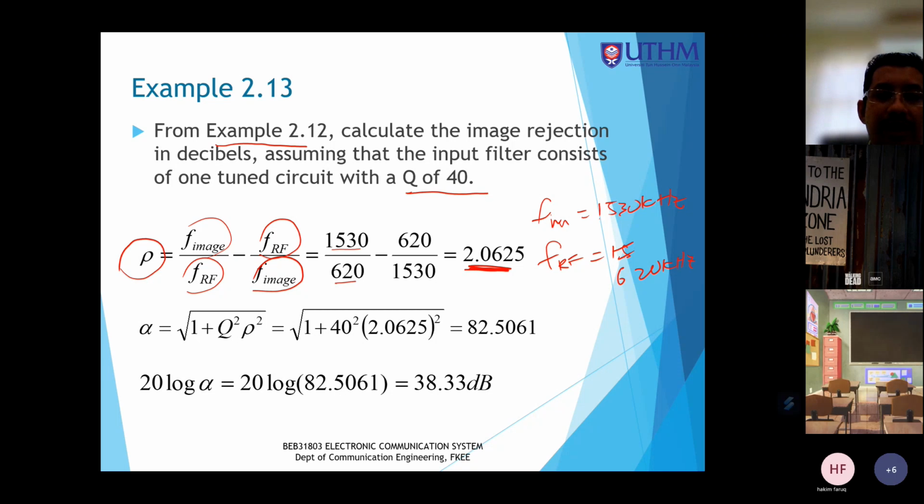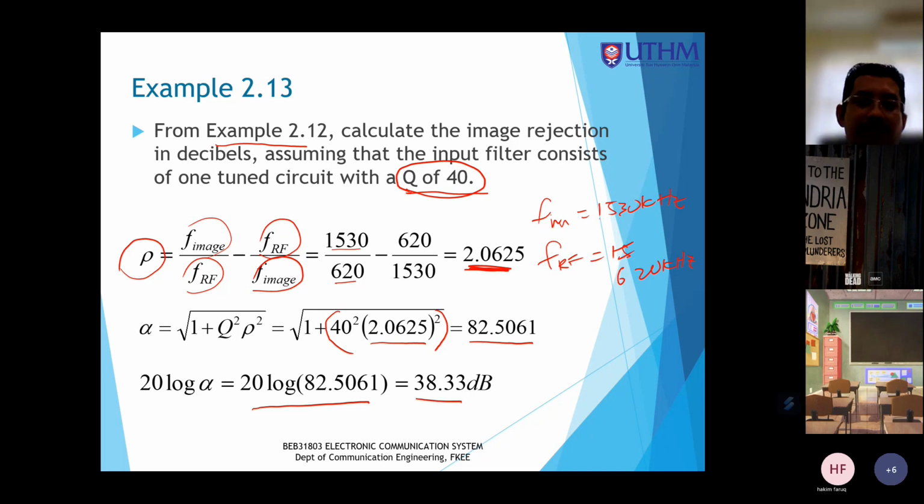Q is given, so it is easy. You just insert it into the equation, being careful that there should be brackets here. So 1 plus 40 square multiplied with rho square, and then the square root. You will get 82.5061. Then take the logarithm in dB, which is 38.33 dB. So this is the image rejection ratio.